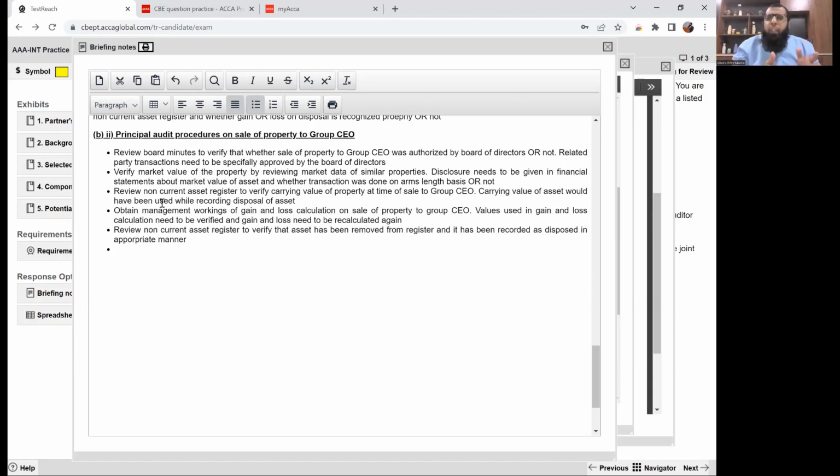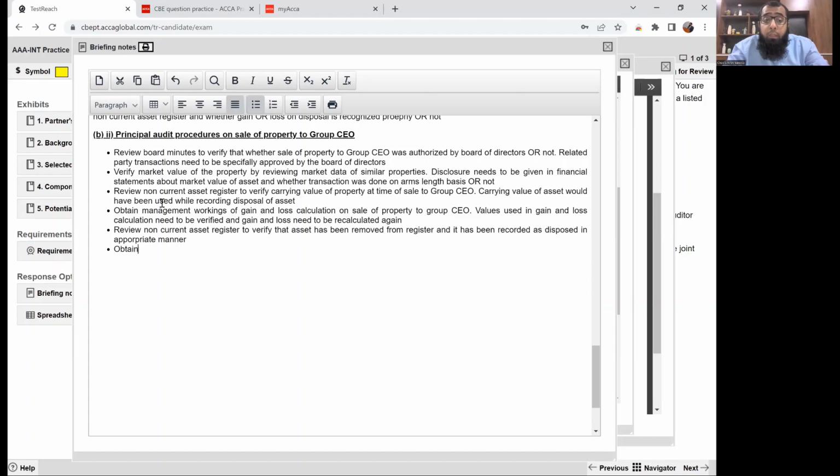Think about the transaction. It's a related party transaction. We need to record the transaction. We need to give the disclosure. Now, what you have to give in the disclosure is whether the transaction is at arm's length or not, and what's the amount due. It's written in the question that $50,000 is due. Now, what's the due date?